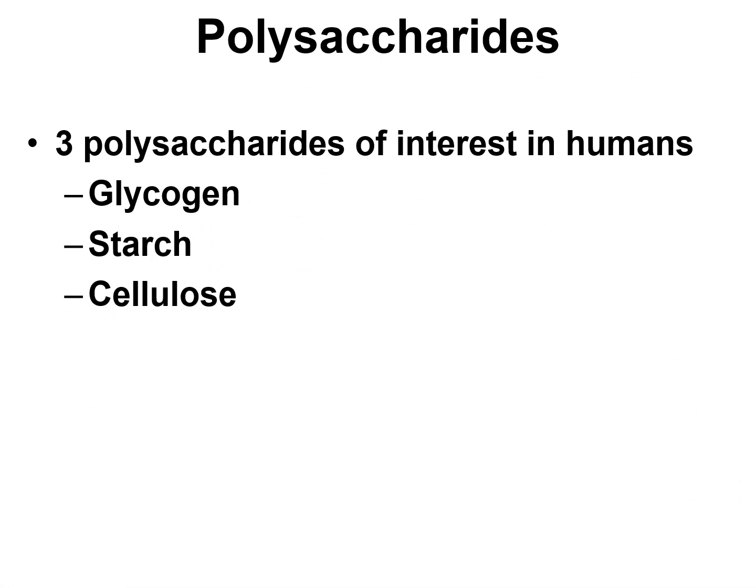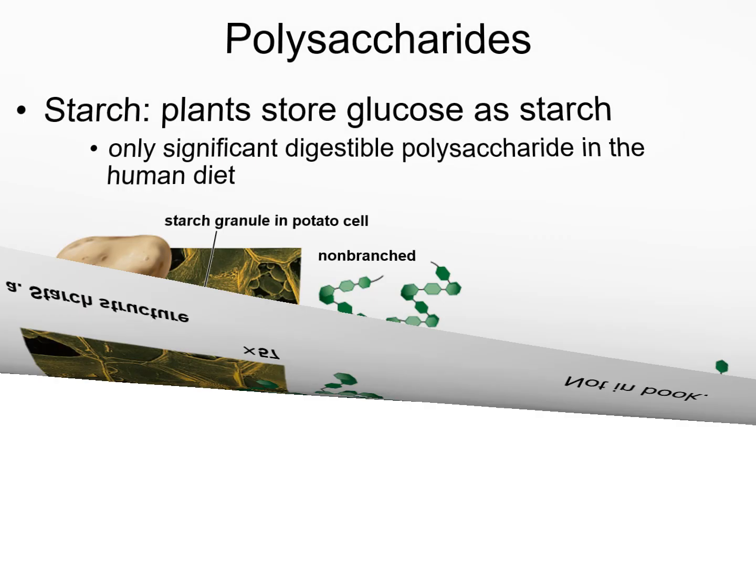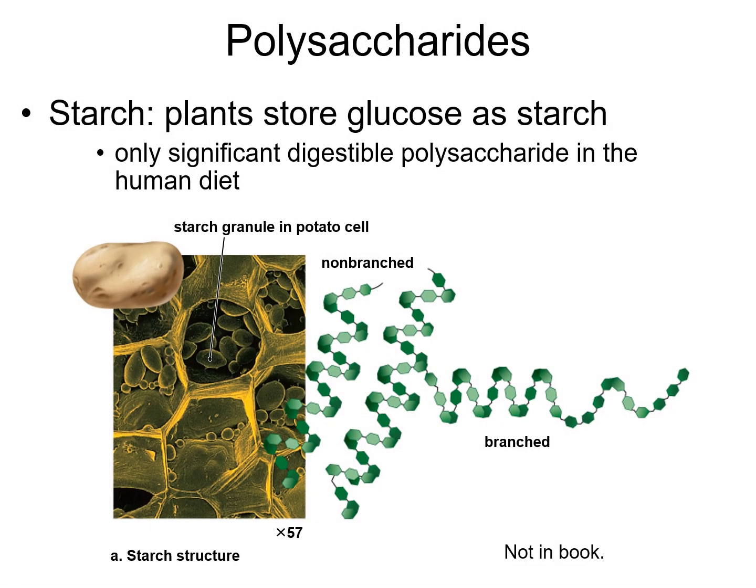There are three polysaccharides that have relevance to the human body that I want you to be familiar with. They are glycogen, starch, and cellulose. Starch is the form in which plants store glucose. It is the only significant digestible polysaccharide in the human diet.